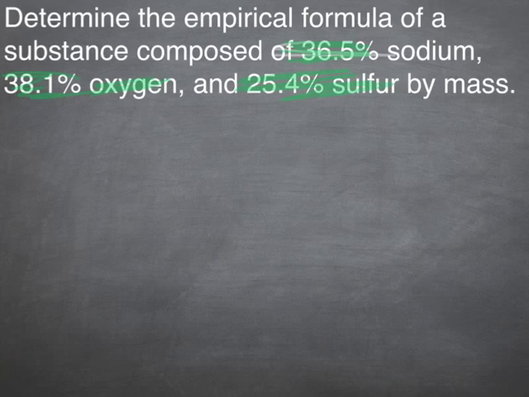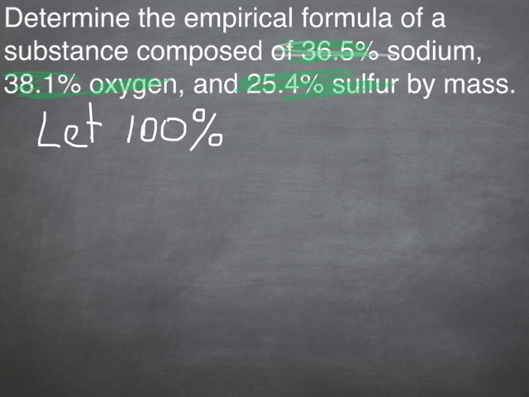So the first step in this case is to let 100% equal 100 grams. I need to figure out how many moles of each of these things I have, and I can't do that with percentages.